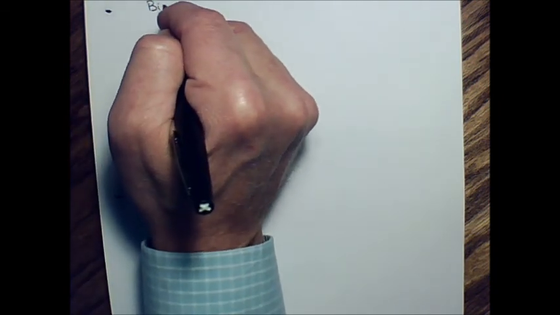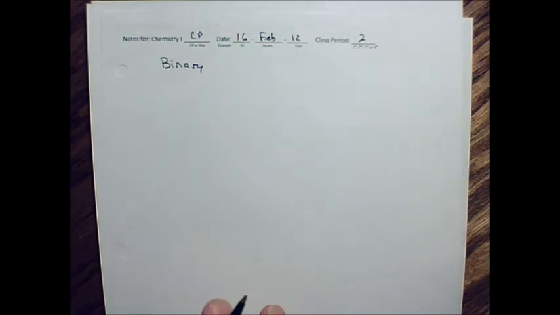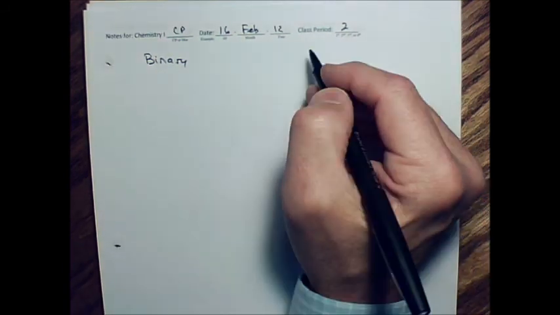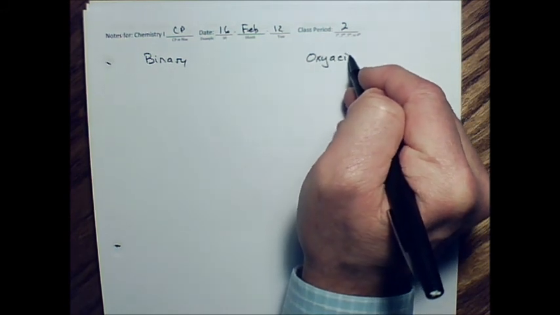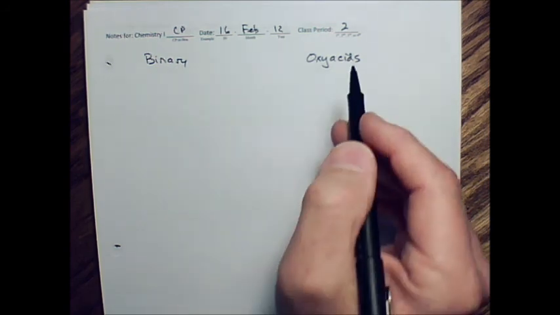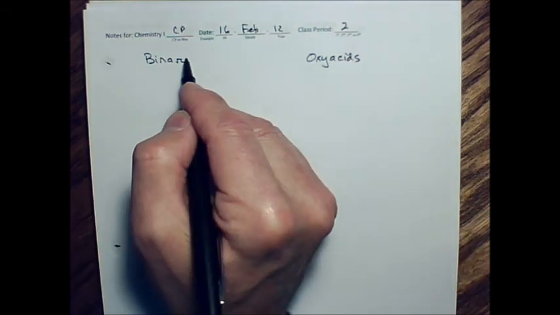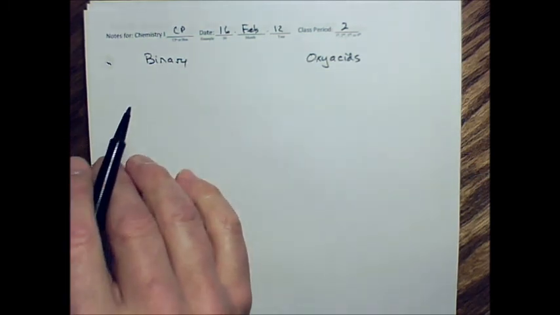All right. Now there's two categories of acids we need to know how to name. One of them is binary acids. And the other is, we're going to call them oxyacids. Okay? Now, binary acids are just two elements.